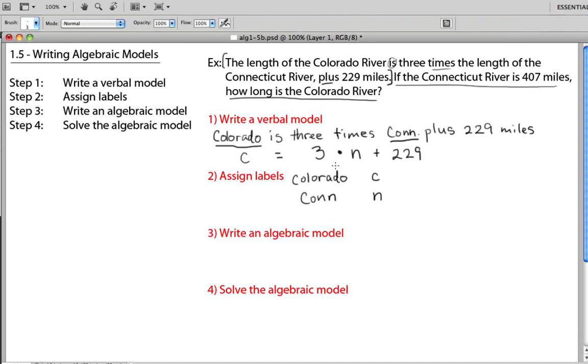Now remember, when multiplying a number in a variable, we don't have to write the multiplication symbol between them. We can write them side by side. So that would be the answer for this third step.